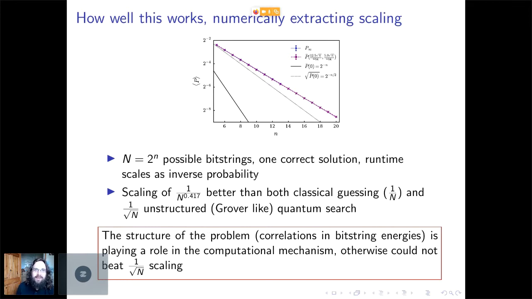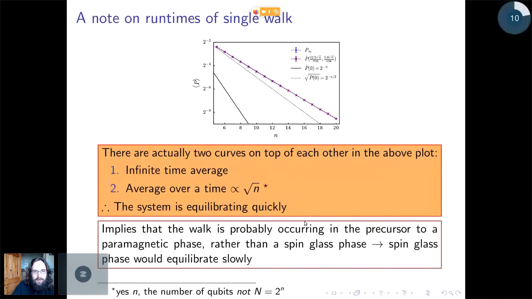So this tells us that our algorithm somehow is using the structure. Somehow the fact that this isn't an unstructured problem, but is a structured problem, is telling us what's going on.